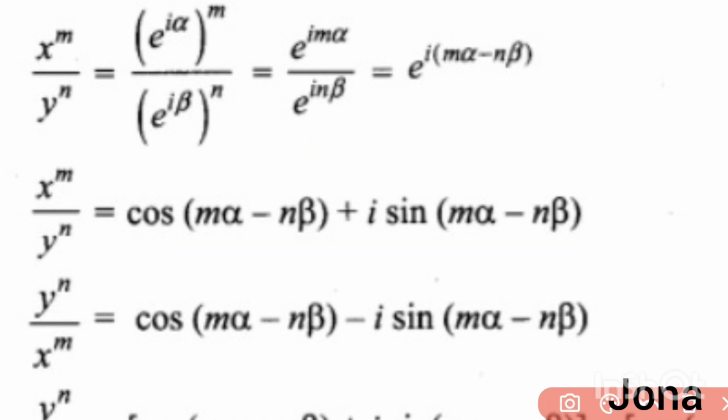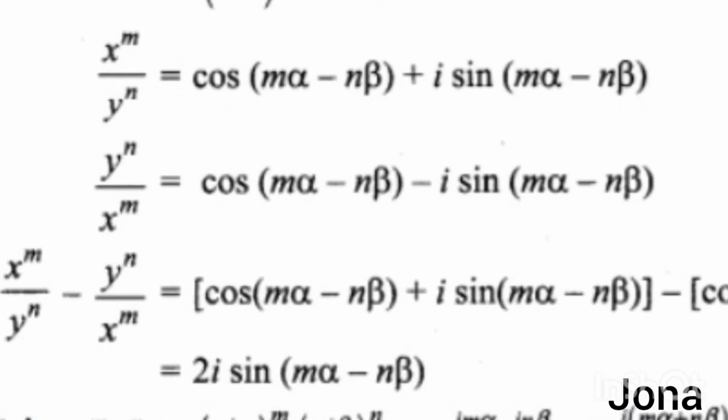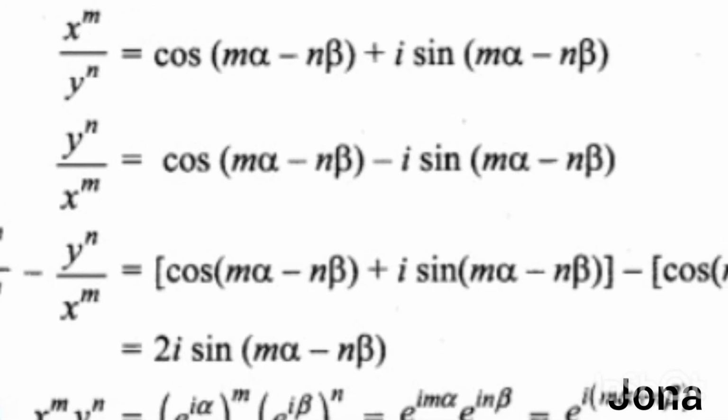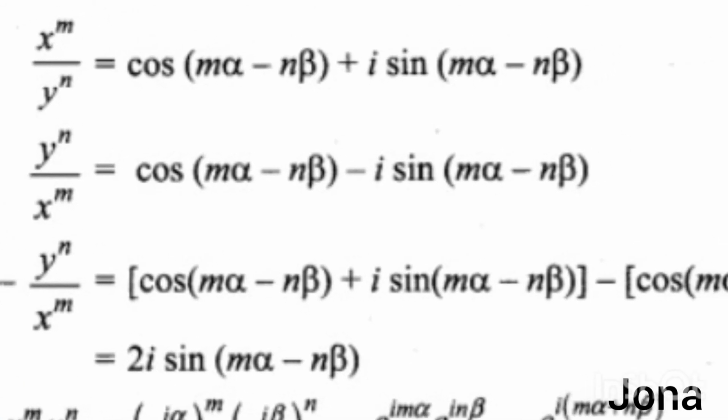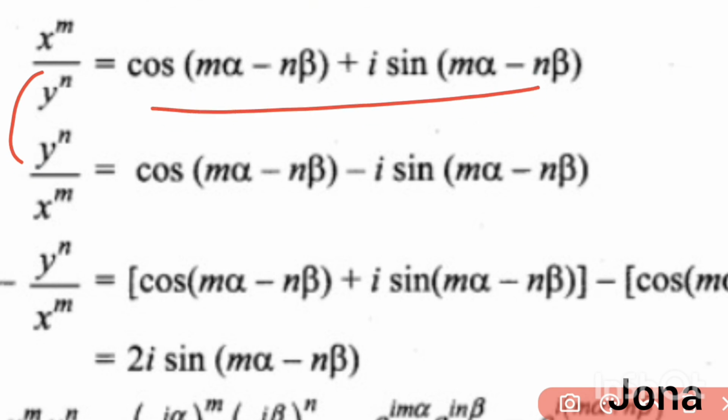Similarly for y power n by x power m we take the reciprocal, so the sign changes: cos of m alpha minus n beta minus i sin of m alpha minus n beta. Then we subtract both, the first one minus the second one.